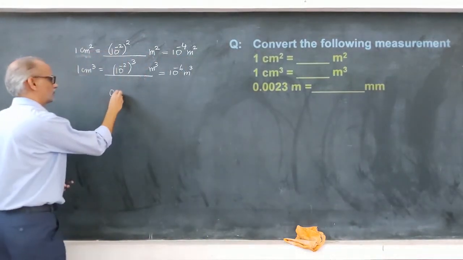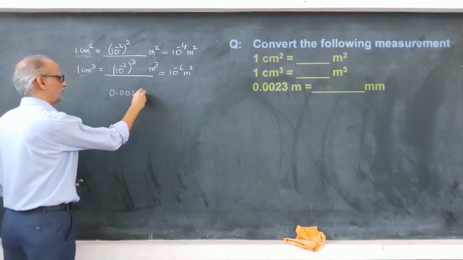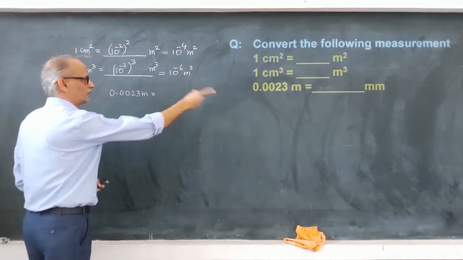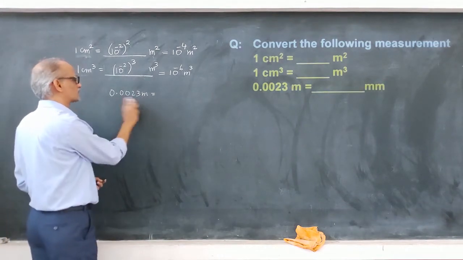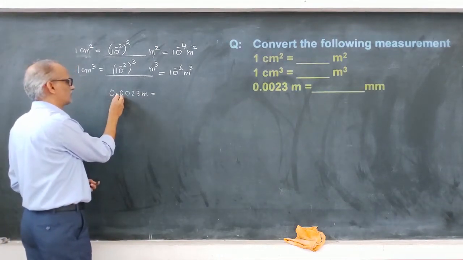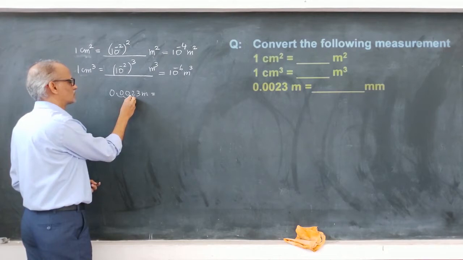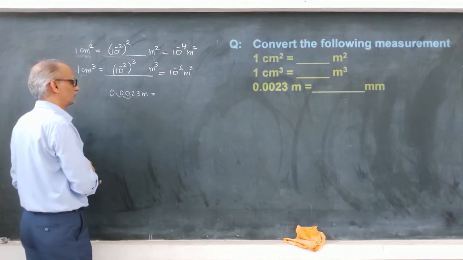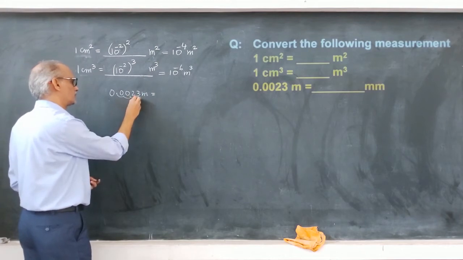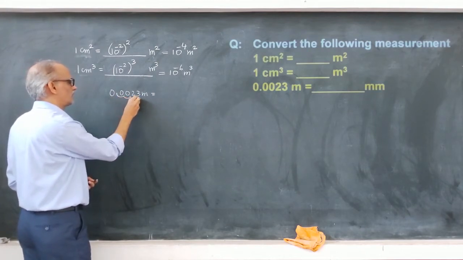So the given number is 0.0023 meter. First I will just rearrange this number. Shift the decimal 1, 2 and then 3.